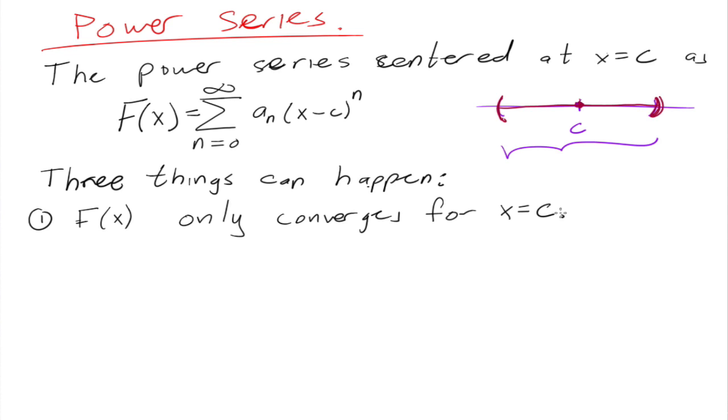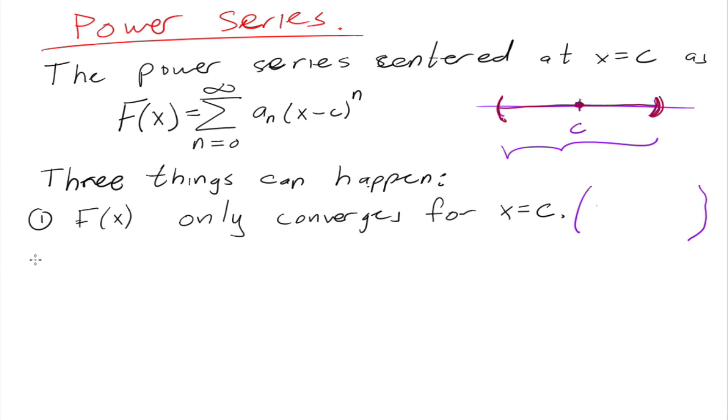It says that it only converges if you plug in that number c, and the whole thing is going to equal 0, and that's it. If you plug in any other number, it doesn't matter how close it is to c, it'll blow up. And what would cause it to blow up? That a sub n, right? Which we don't know what it is. It could be anything. I'll just put the parentheses there because we haven't defined it yet, and we'll fill it in in a minute.